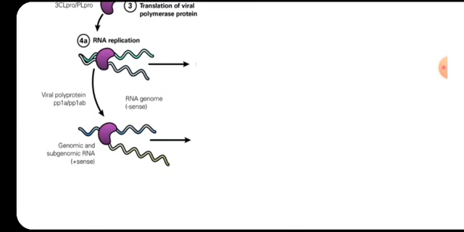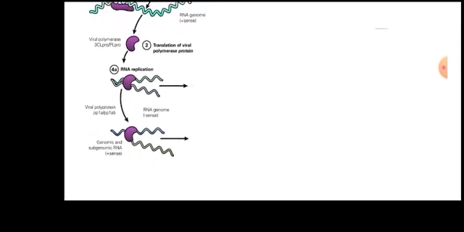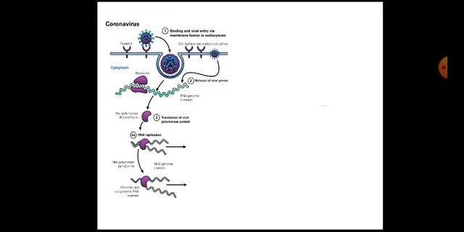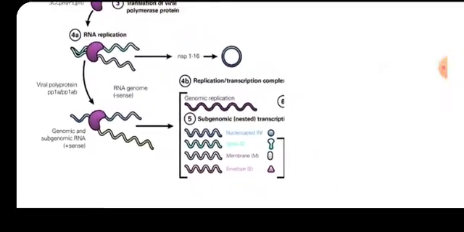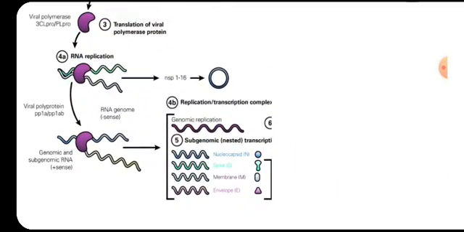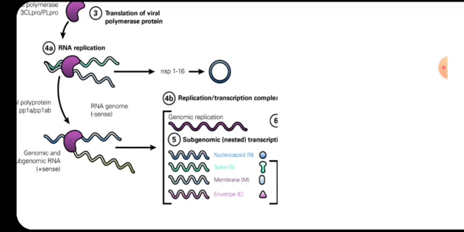We are not going into too much detail. This is the 4A step, which shows the synthesis of RNA. Multiple copies of RNA are being synthesized. Here you can see the multiple copies of RNA synthesized. Then the next step is that these RNAs undergo the process of translation. Fifth step.